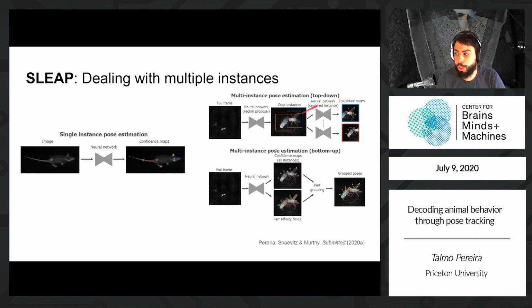We do a region proposal, that is, we find some sort of anchor from which we can crop the instances, and then we feed those through a second neural network that predicts the locations for the individual instances. Whereas in the bottom-up approach, we have a single neural network as opposed to two that takes a full frame and simultaneously predicts both the confidence maps and the part affinity fields, which allows us to then do our part grouping through our graph parsing algorithm.